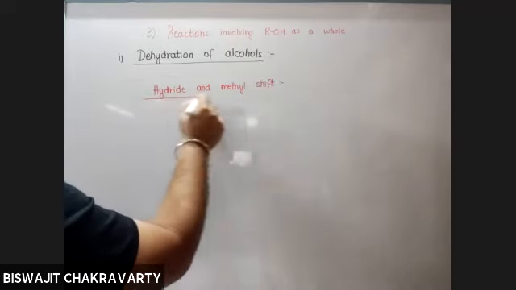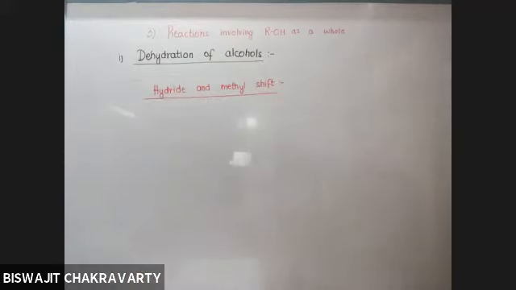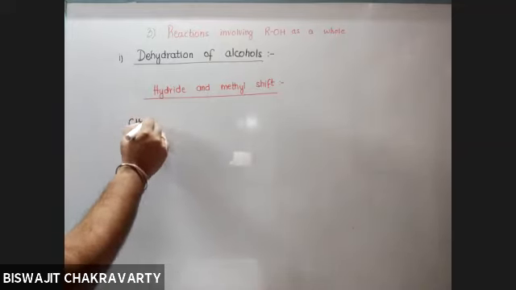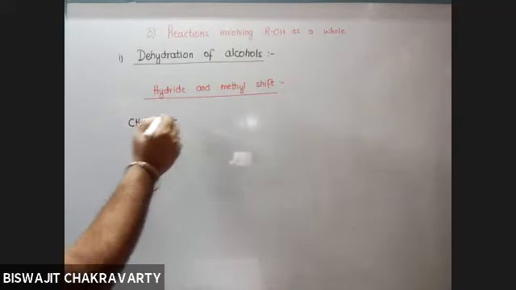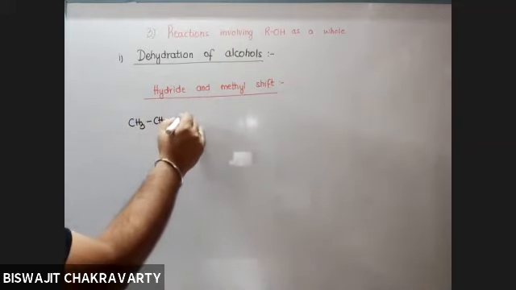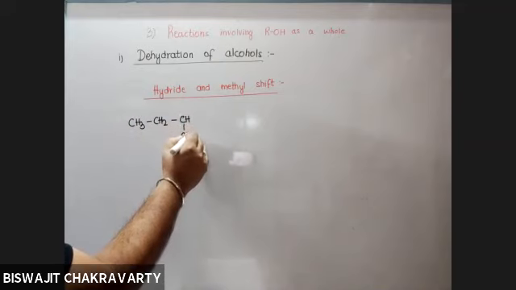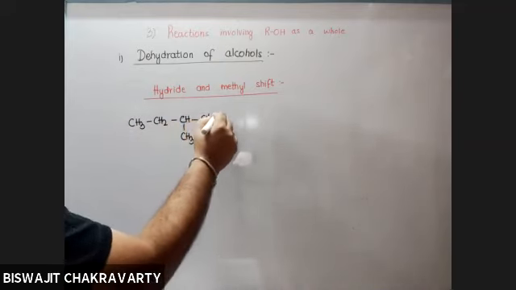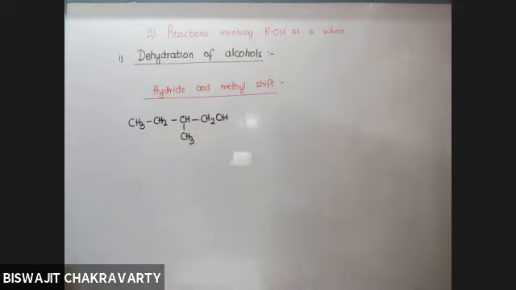What exactly is hydride and methyl shift? Let us try to understand this. So suppose we have a branched alcohol of this nature, CH3, CH2, CH3, CH2OH. Okay.